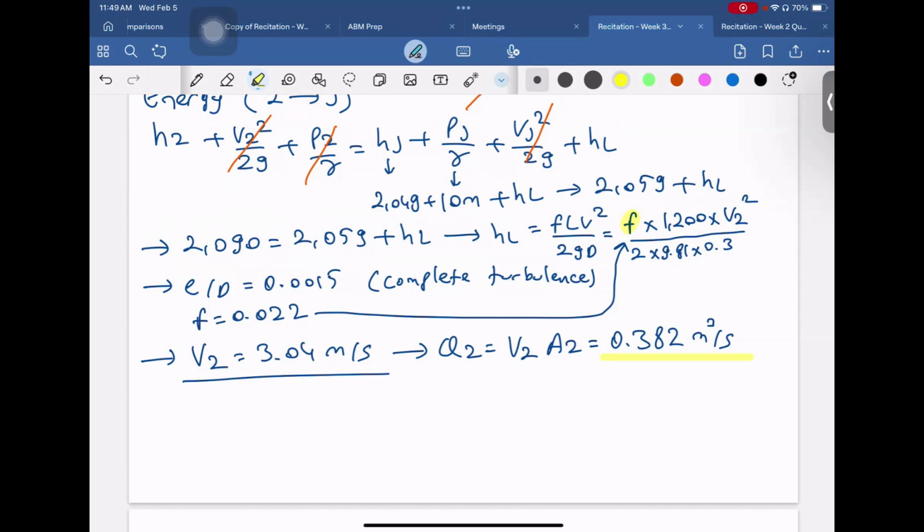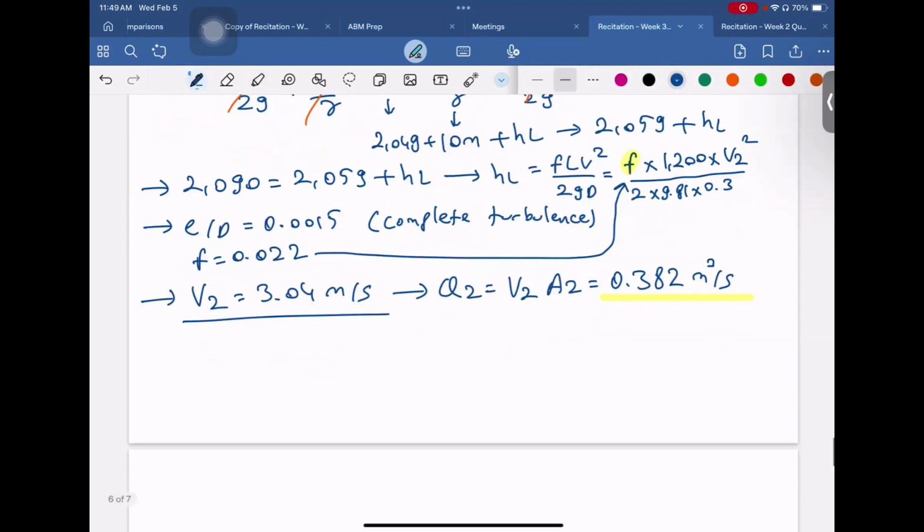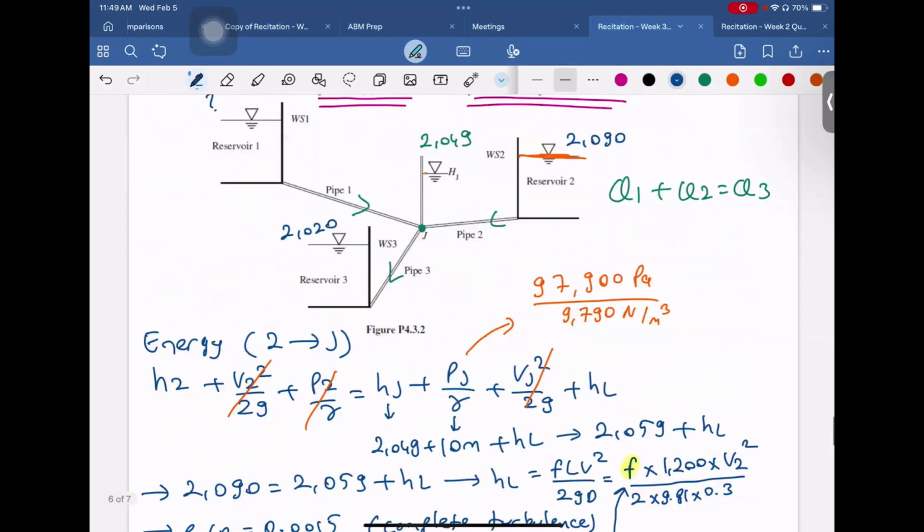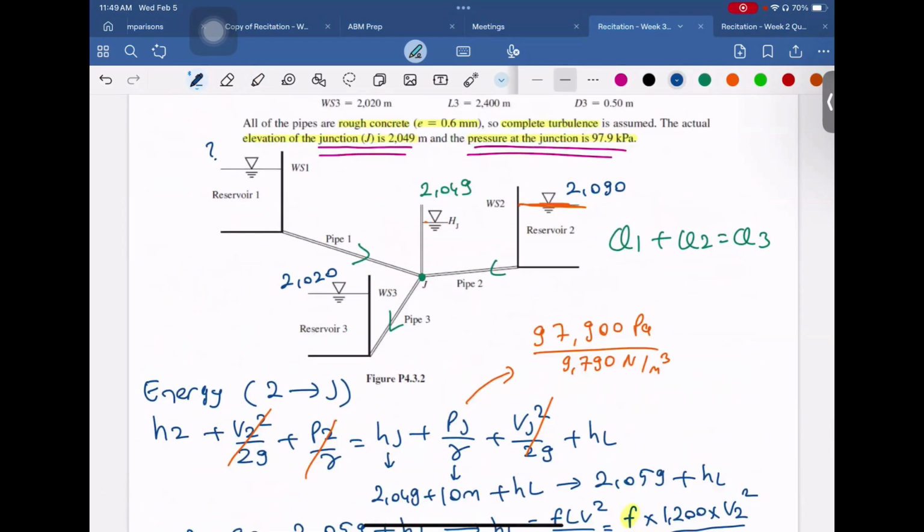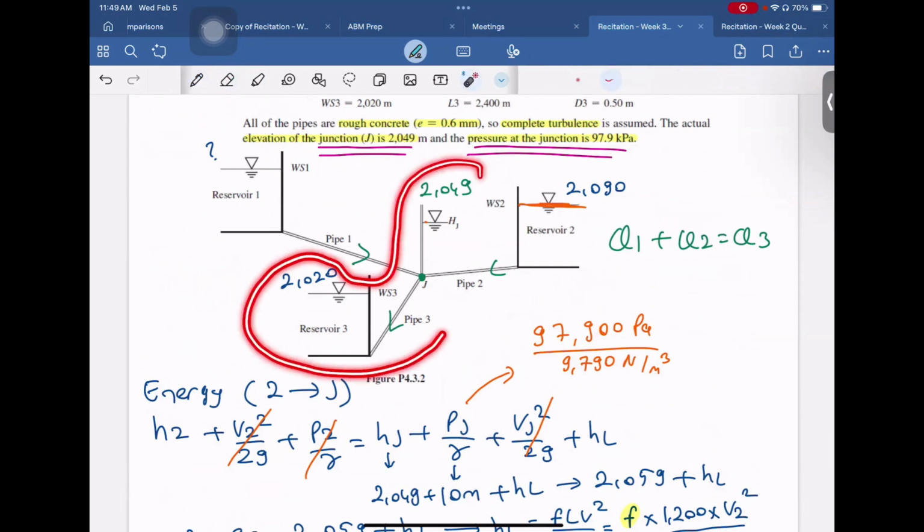And now we can follow the same process for reservoir 3 and Hj. So this time we are writing this energy equation between these 2 points.